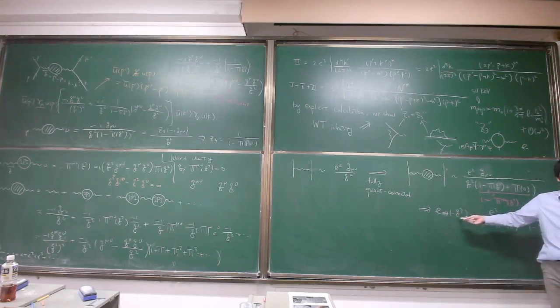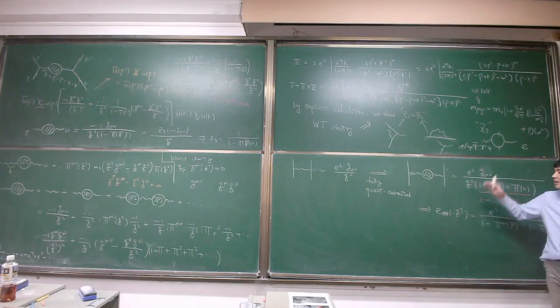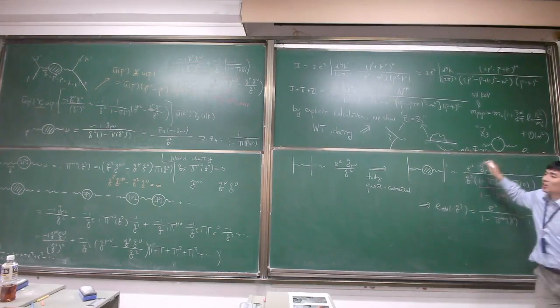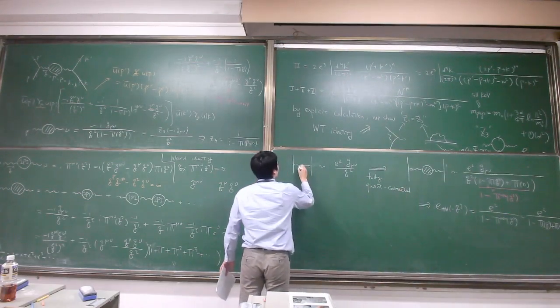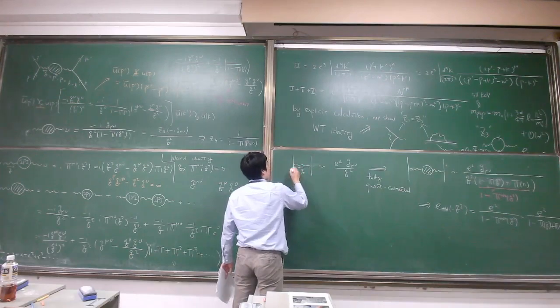And some people just mentioned it: Q squared is space-like, as you already noticed. Some students ask me why Q is space-like. As I mentioned, this is whatever Q, and this is P and P prime.